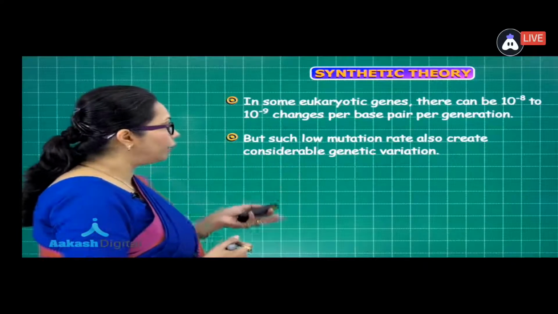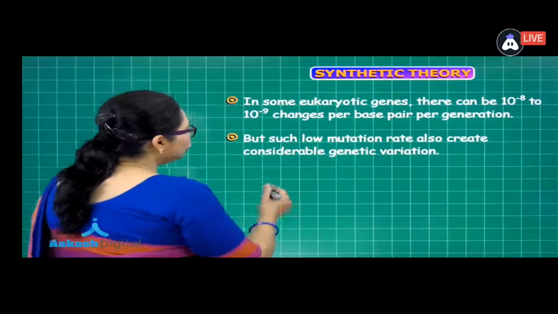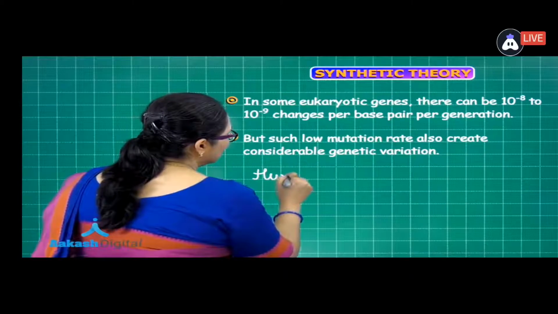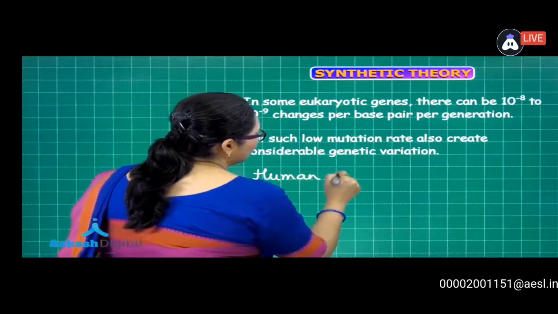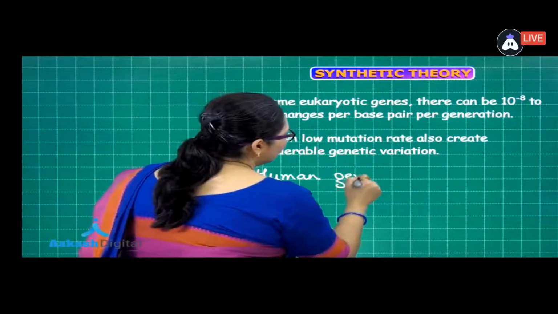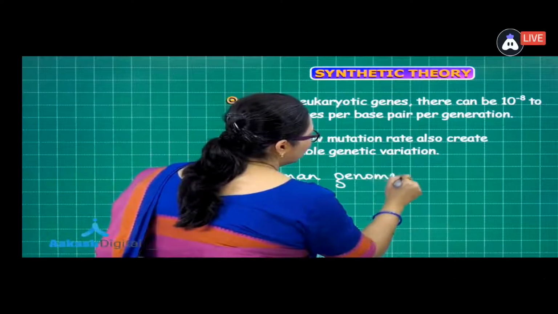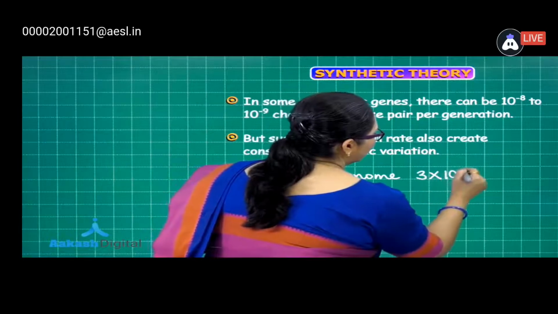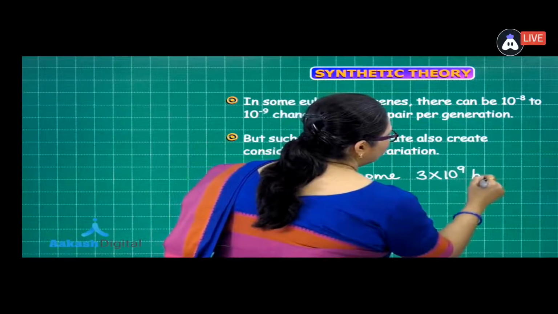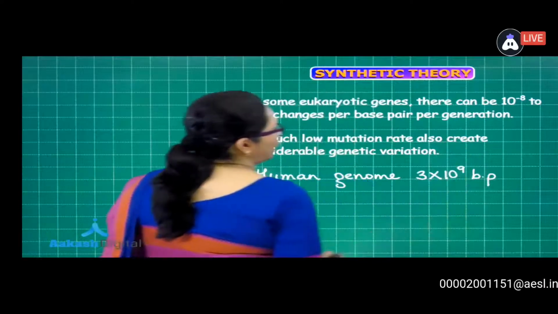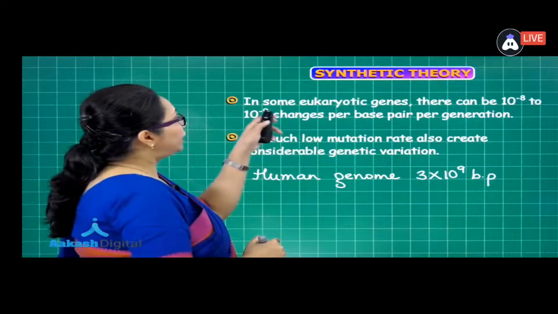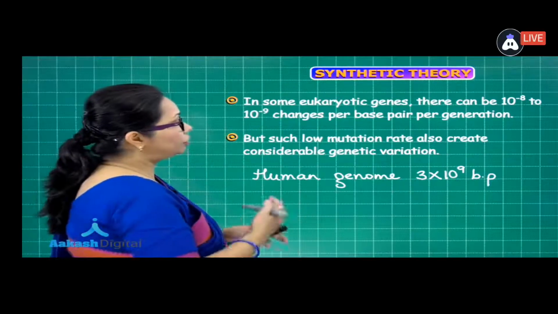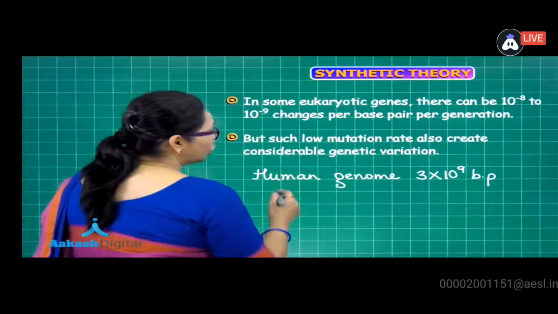Let us take, for example, the case of humans. We know that the genome consists of 3 into 10 to the power 9 base pairs. And let us say 10 to the power minus 9 changes per generation is possible.